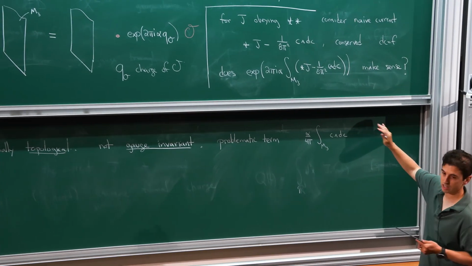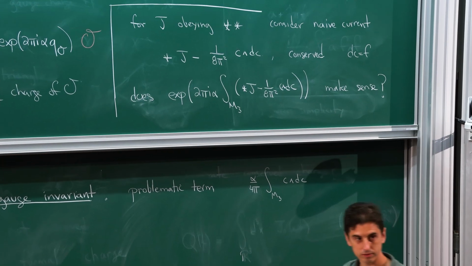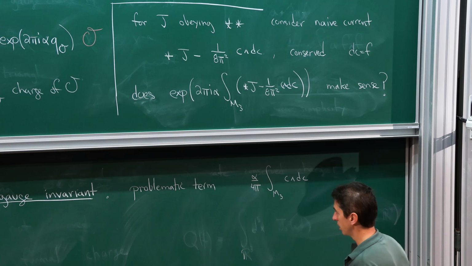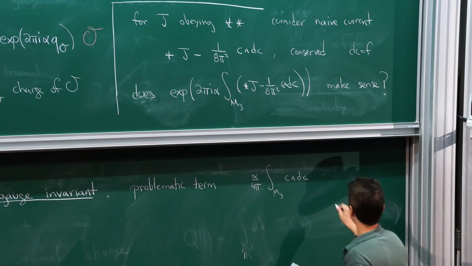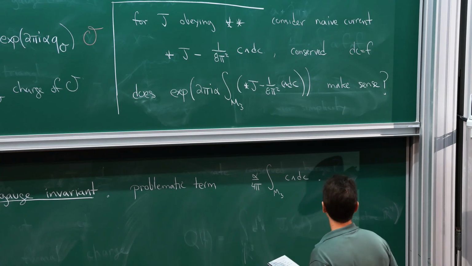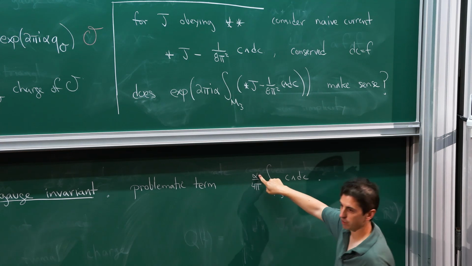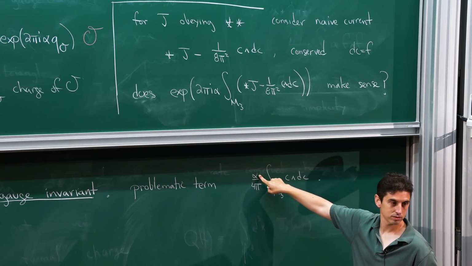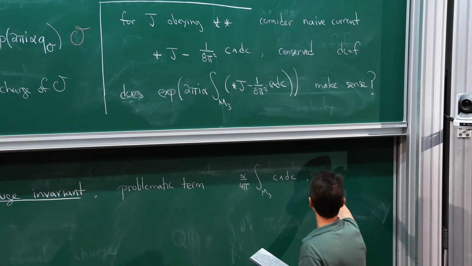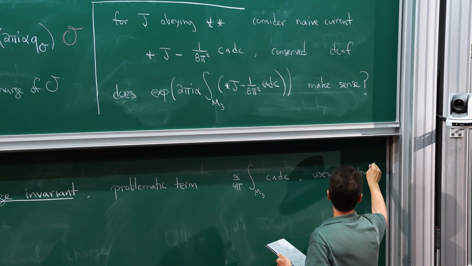The integral of star j is definitely gauge invariant with any coefficient because j is at least a well-defined operator. The problem is this term. And even more specifically, you can see that it's trying to be a Chern-Simons term, but with a very funny level. This is even the right normalization. So this is using Chern-Simons level alpha.